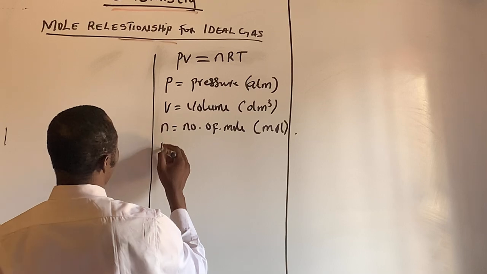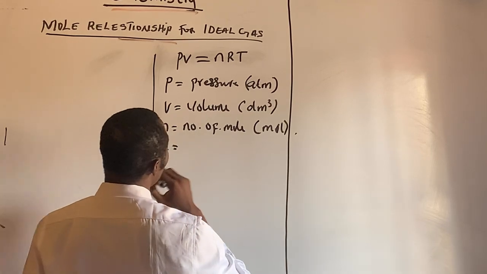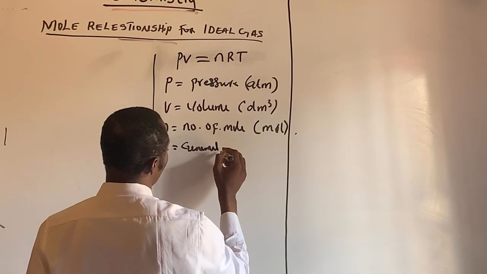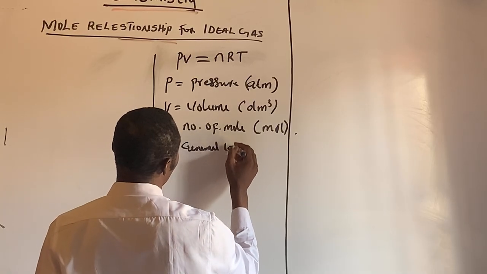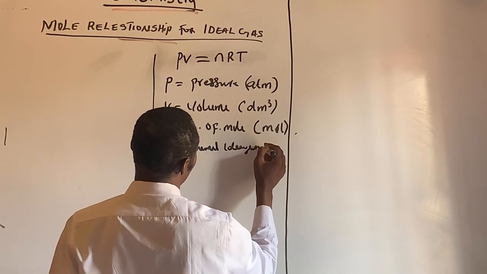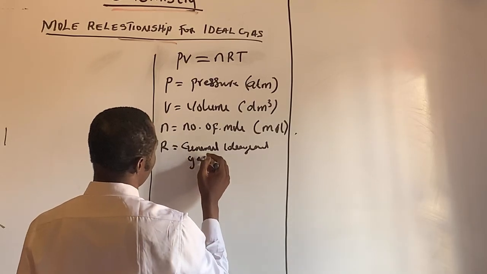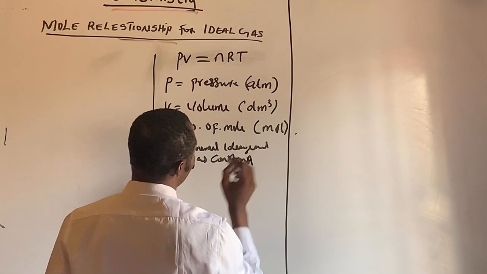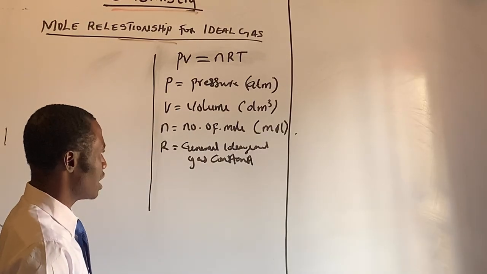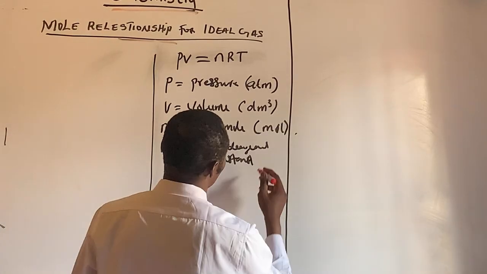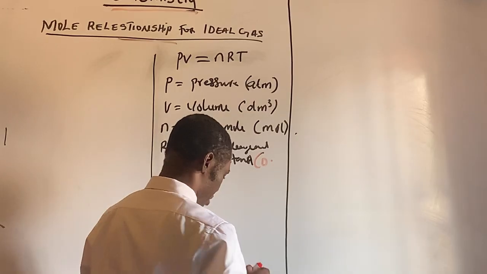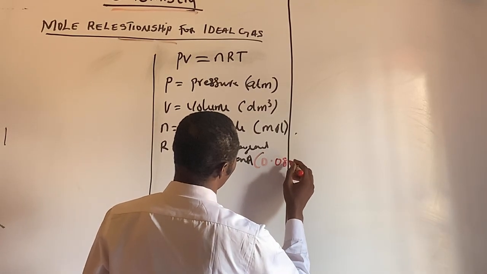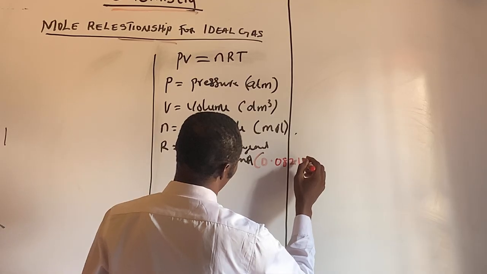And then we have the R. The R is the general ideal gas constant, about 0.0821.